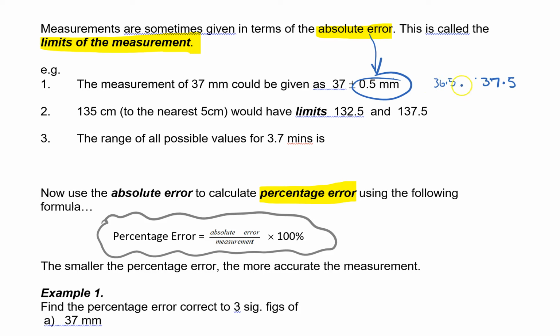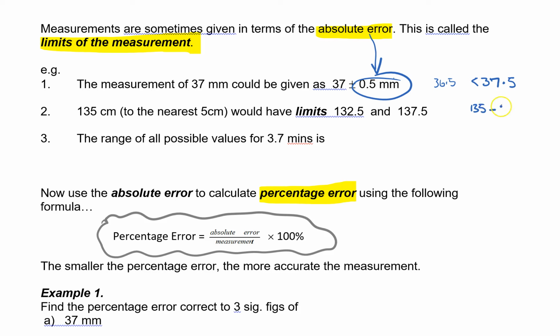It's somewhere between those two. And in fact, we say it is less than 37.5 because if it was exactly on the 0.5, we would round the measurement up.